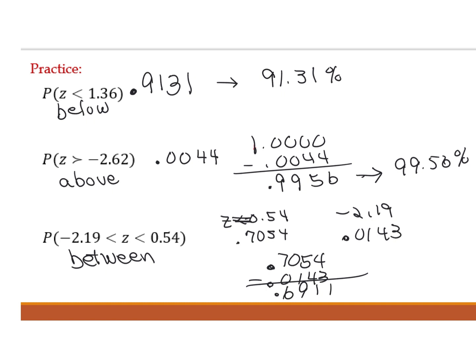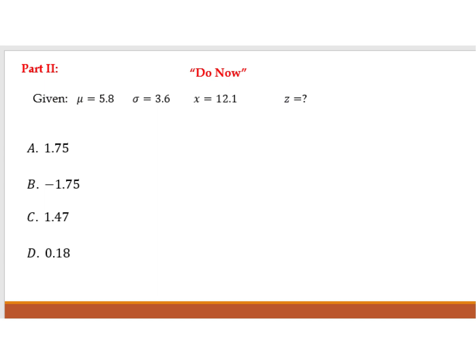So the probability that the number that I'm looking at is going to fall between those two z-scores is 0.6911. If I change that to a percent, that would be 69.11%.